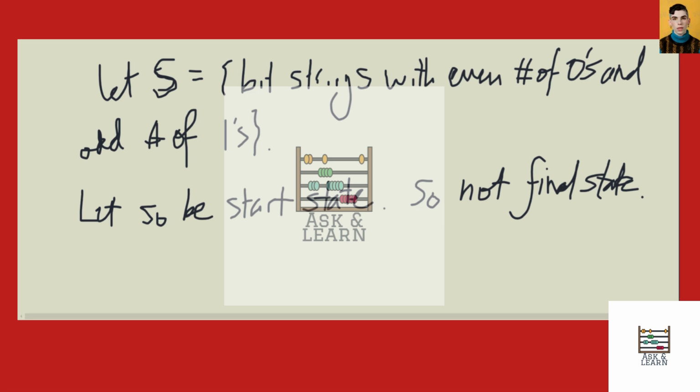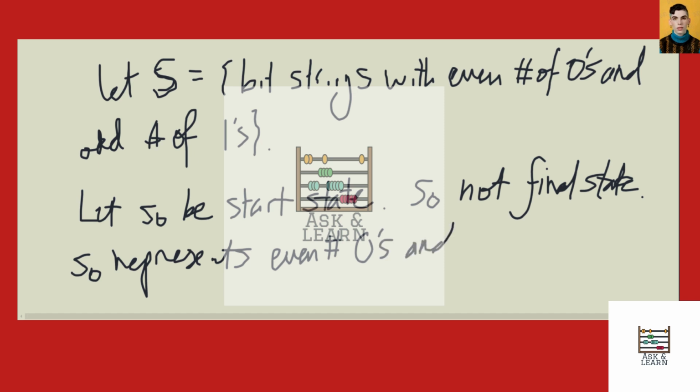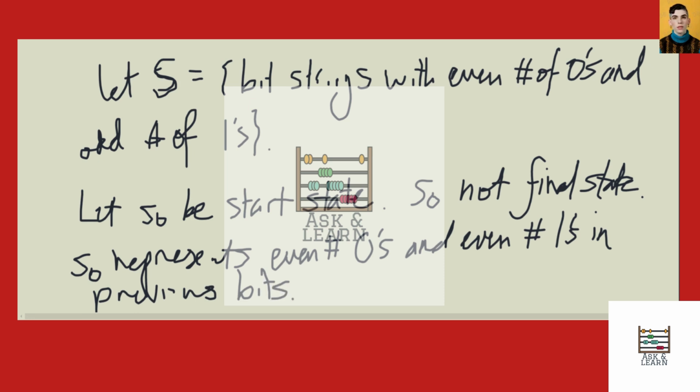And let's consider 4 states total. So we have S0 represents that there were an even number of zeros and an even number of ones in the previous bits, if there were any bits yet.